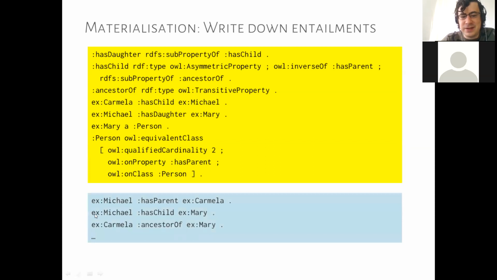So we could start to just write down things that are true according to this, that are somehow entailed by this but not directly stated, like Michael has parent Carmela, because Carmela has child Michael, and has child is the inverse of has parent, and continue writing down true statements. However, when we reach this particular definition here, then we're going to run into problems, right?